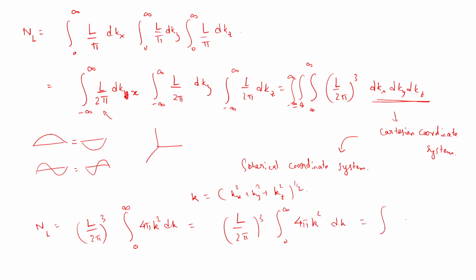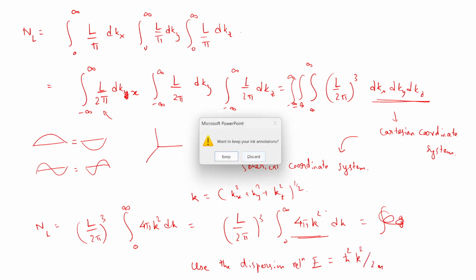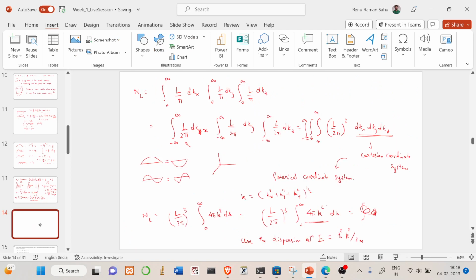So this thing can be written as g of k. Here we can see that there is a function of k, and it is integrated over all the k values. Now what we have to do is use the dispersion relation, E is equal to h bar square k square over 2m.